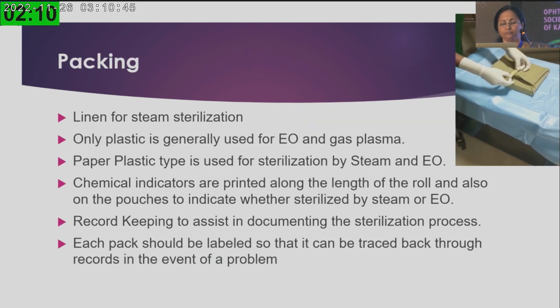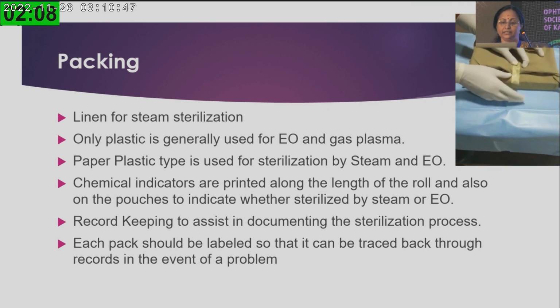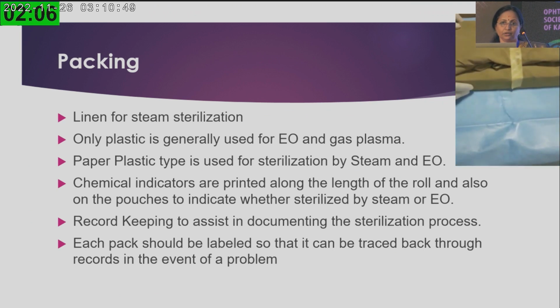Linen can be used as packing material for steam sterilization, or you can use plastic for ETO and gas plasma. Paper plastic also can be used for steam and ETO. And always use chemical indicators to assure sterilization. And there should be a record kept for sterilization.